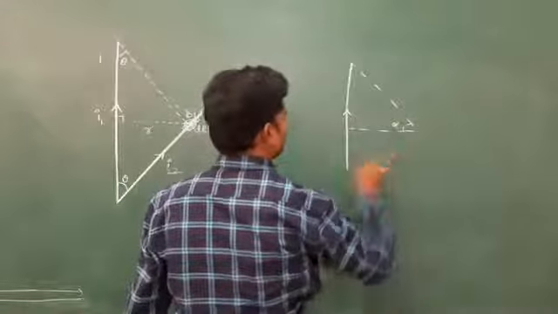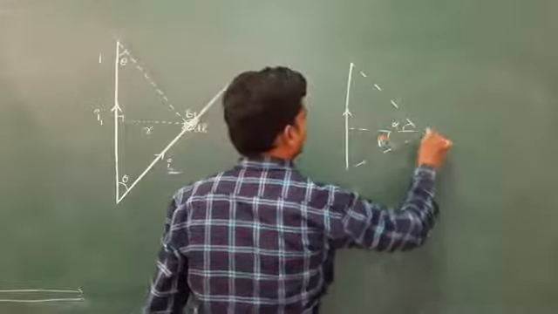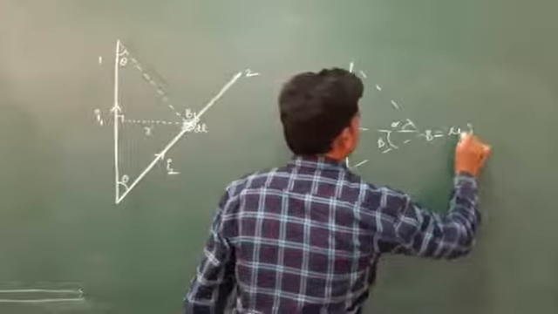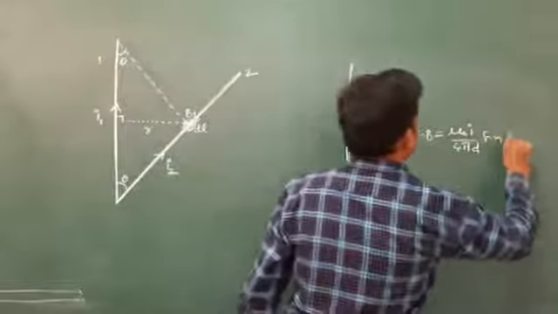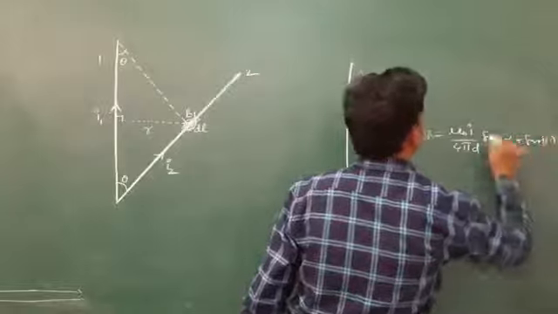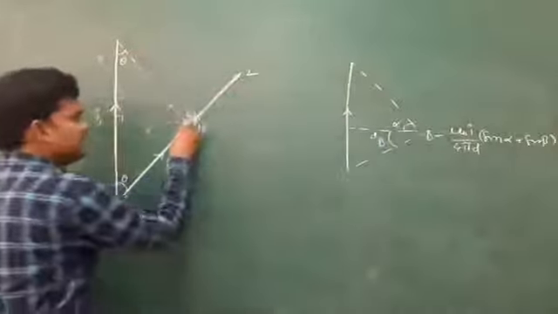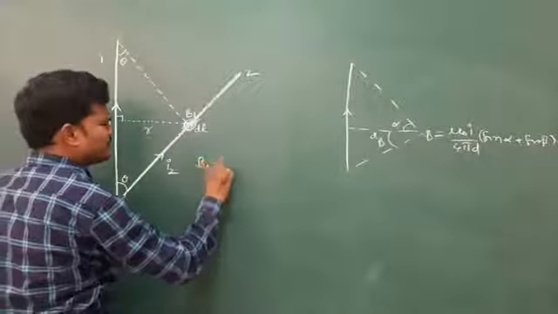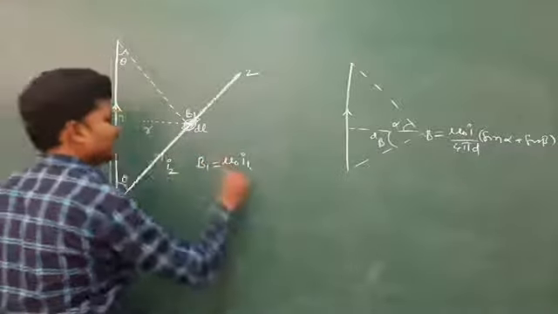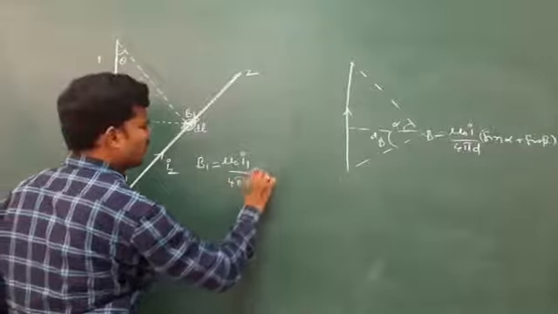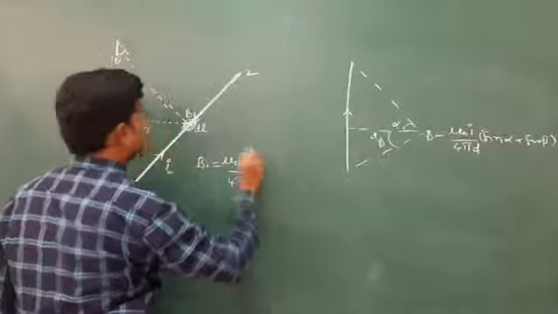This is alpha, this is beta. Use this formula to get B1. So B1 is equal to mu naught I1 by 4 pi r, sin alpha plus sin beta.